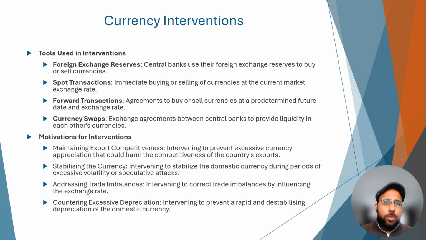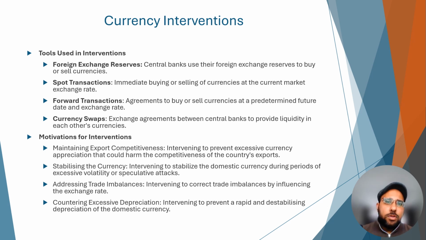And then finally, you will have FX currency swaps. A currency swap involves the exchange of one currency for another between two parties, often between central banks. So it could be between the Bank of England and the Federal Reserve in the US, with an agreement to reserve a certain amount of currency at a certain price at a future date.